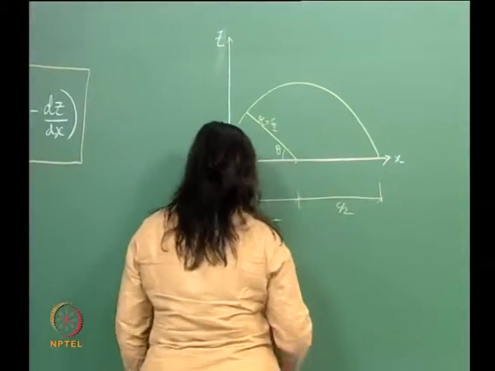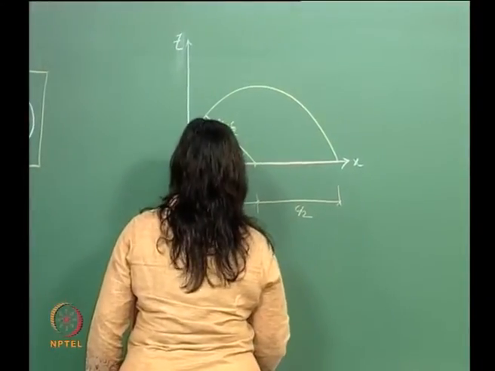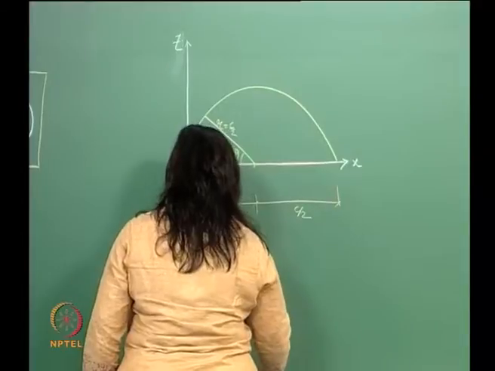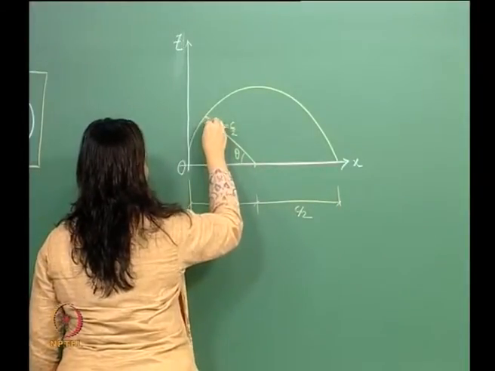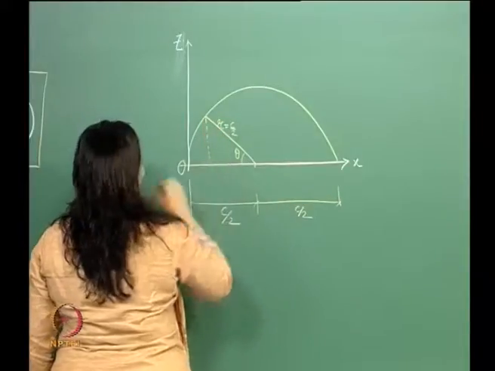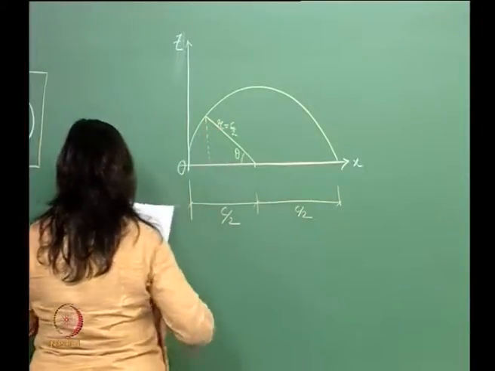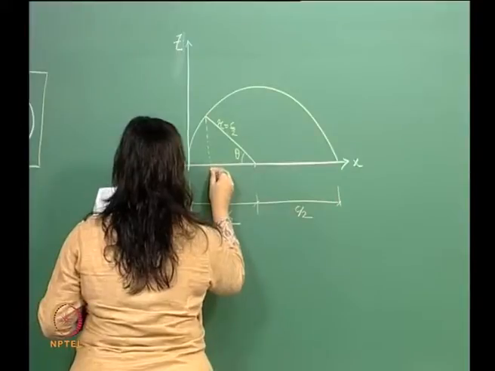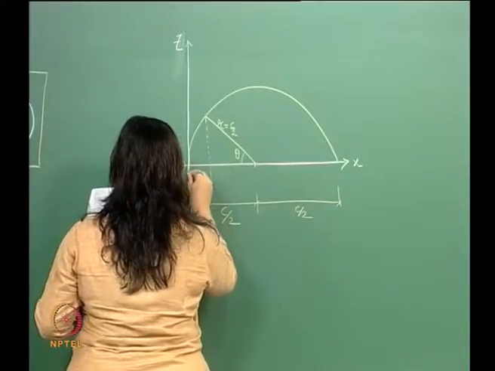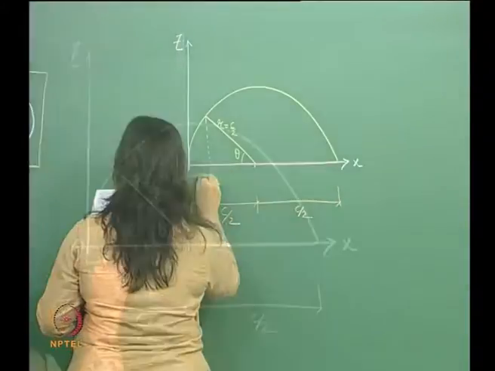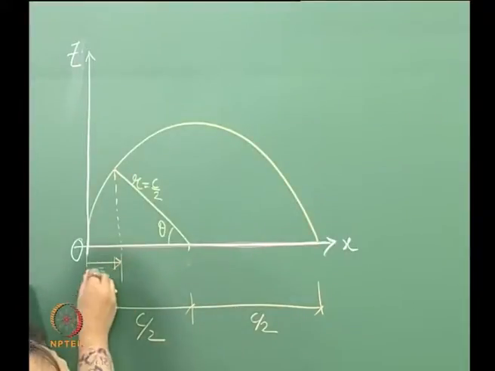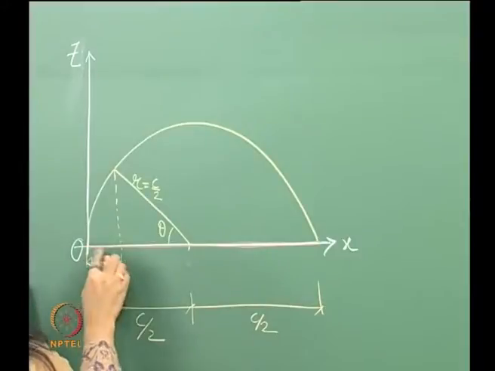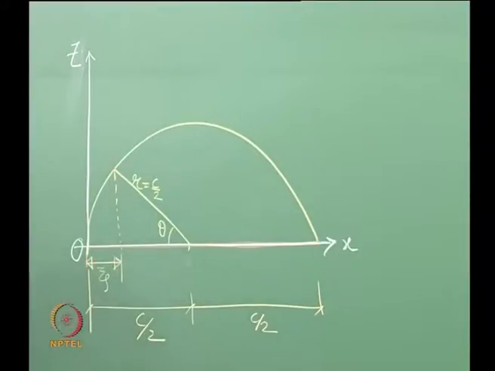So in that case, if I drop this perpendicular from here, this distance is basically z.